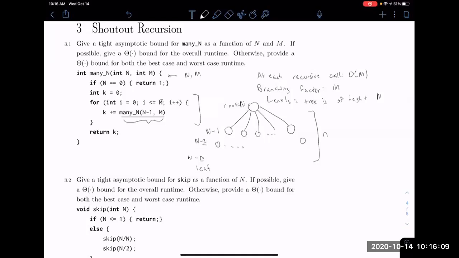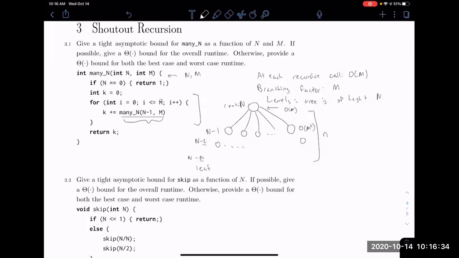Okay, now let's look at the runtime for each layer. We know that each recursive call is O of m, and the branching factor is m. So this first layer has only one recursive call, so we have O of m time. Here we can see that we have m nodes, each doing O of m time, so this takes m squared.